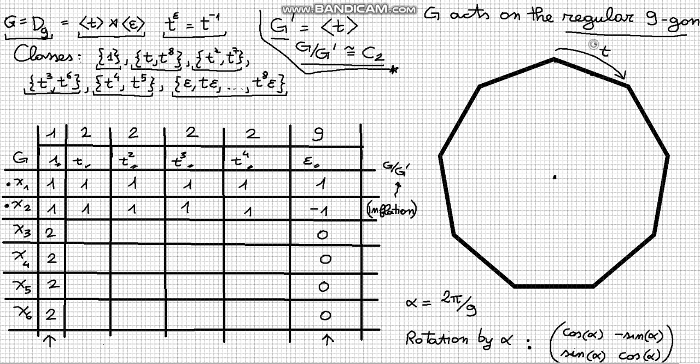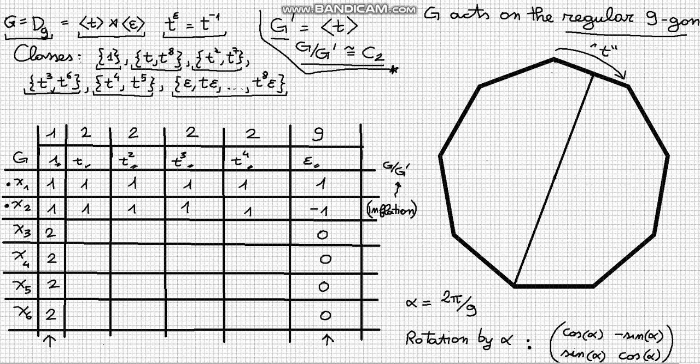This is what you would call T. Usually this is what you do. T is this rotation. And what is epsilon? Well, epsilon is this reflection. Why this reflection? Because you need a reflection such that it inverts T when you apply it on the left and on the right.